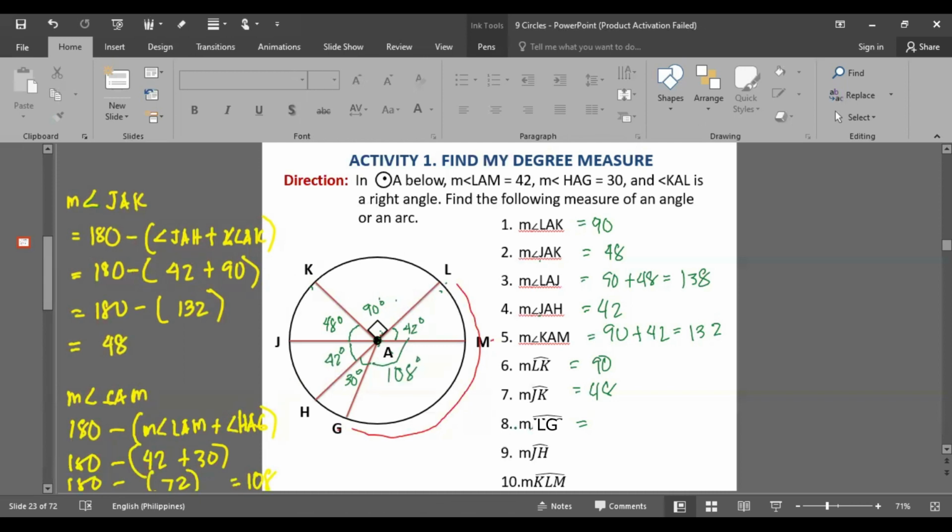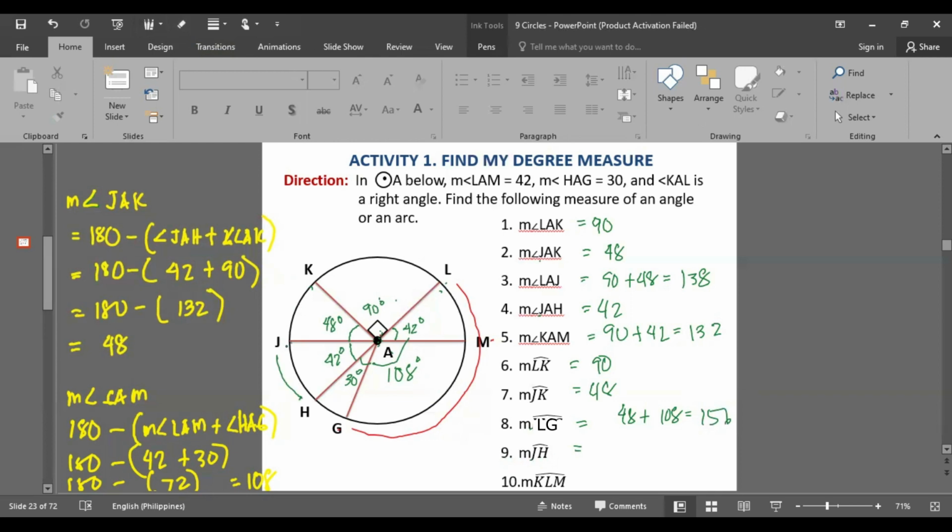We can now answer number 8, arc LMG. So just add 48 to 108. It's 156. Okay. Number 9, measurement of arc JH.